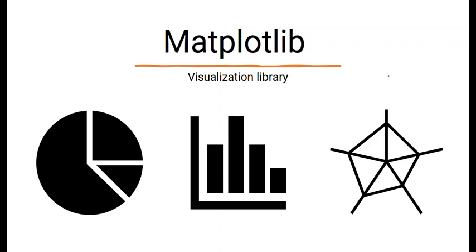And throughout this demonstration, we will be focusing on the object-oriented approach for two main reasons. The first reason is that the object-oriented approach gives us much more detailed control over the different plots we create. Okay, which means that it can help us to create much more efficient and appealing visualizations.